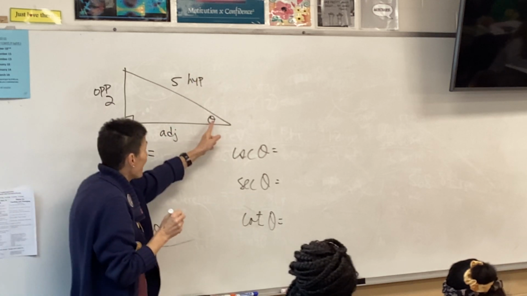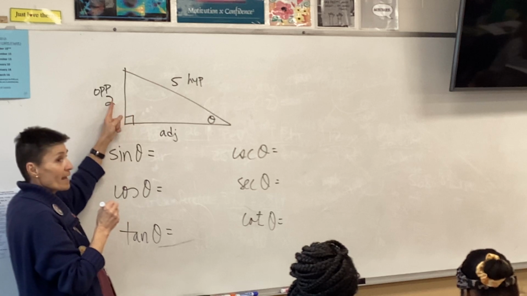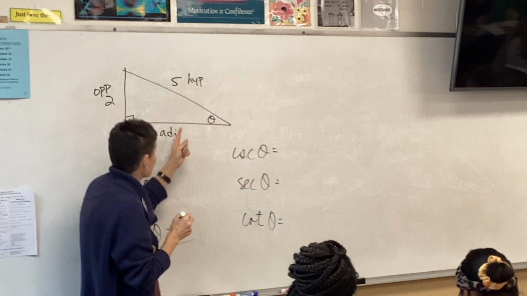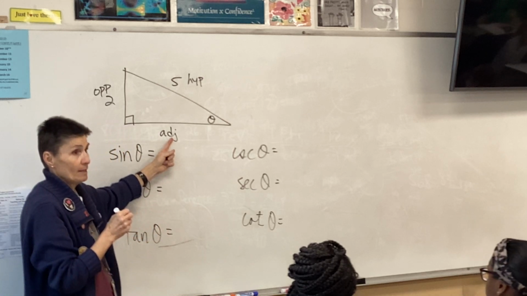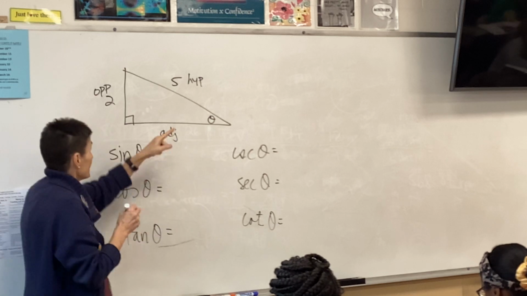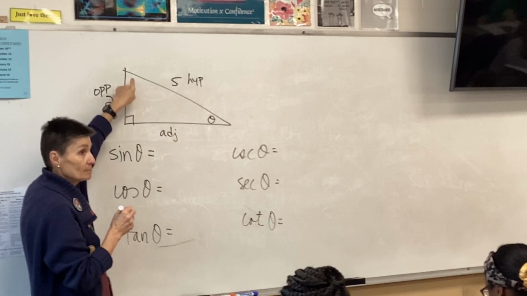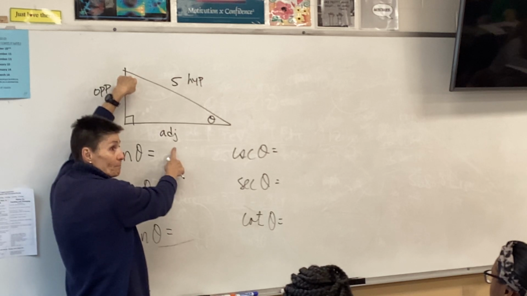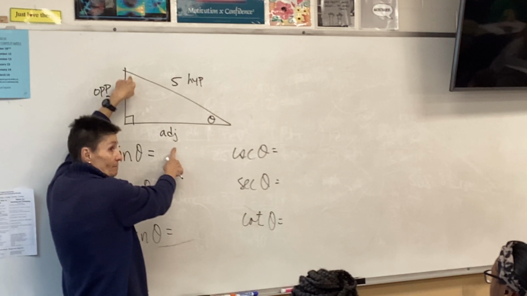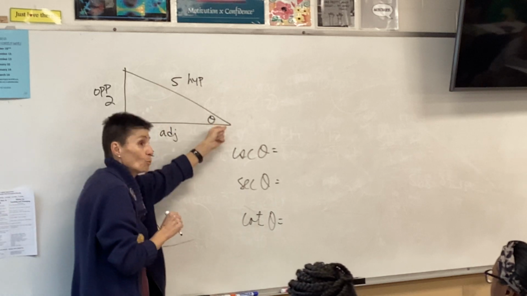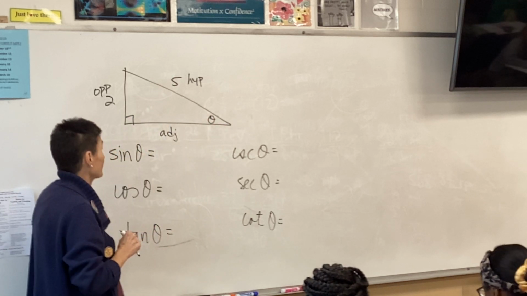The side across from the angle is called the opposite side, and the side next to the angle is called the adjacent side. If theta were up here, then this would be the opposite, and that would be the adjacent. So you really have to pay attention to where your angle is.